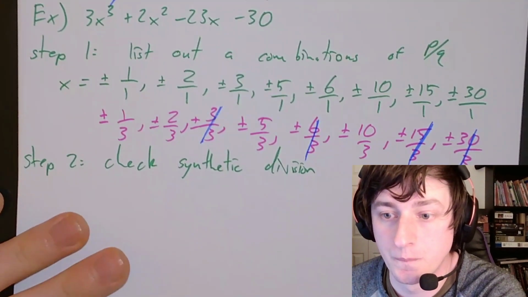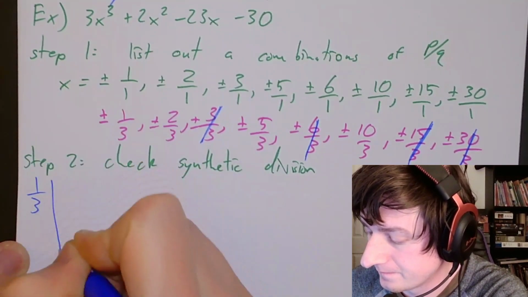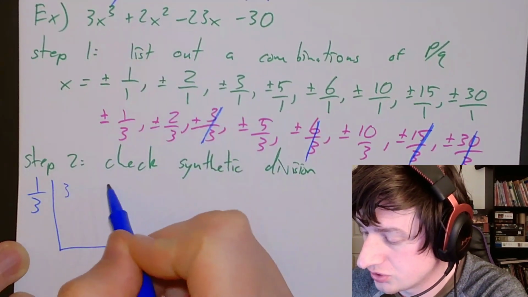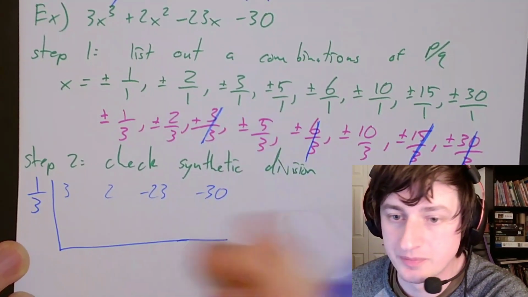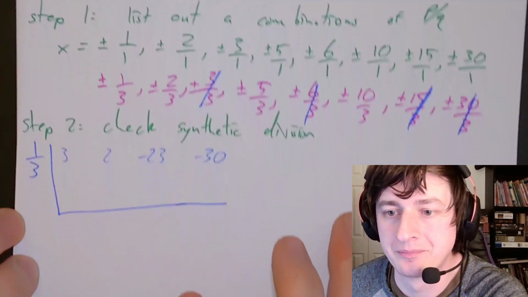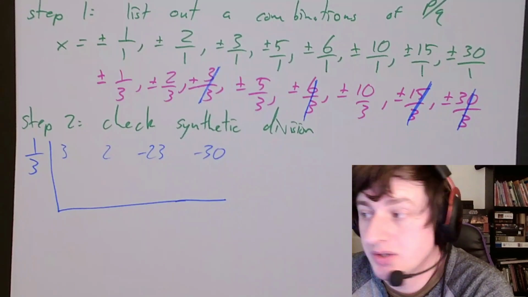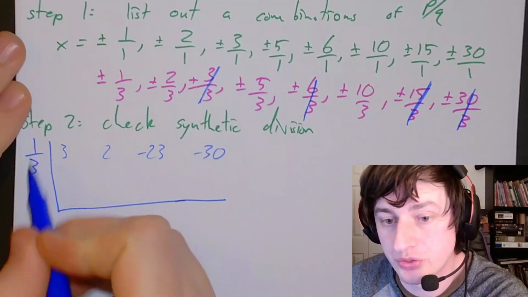Okay, so we're going to do the synthetic division. We're going to start with 1/3. And we're going to use these coefficients. So 3, 2, negative 23, negative 30. Okay. Now, this works the same way that the other synthetic division does, except this time we're multiplying by 1/3.